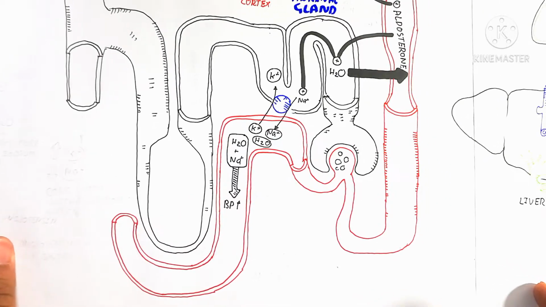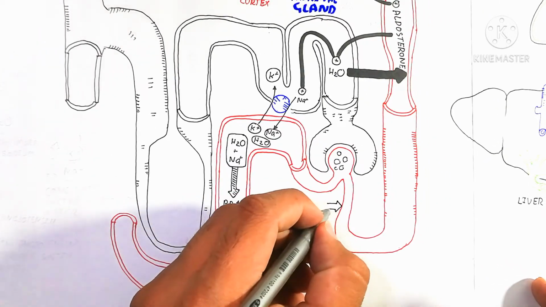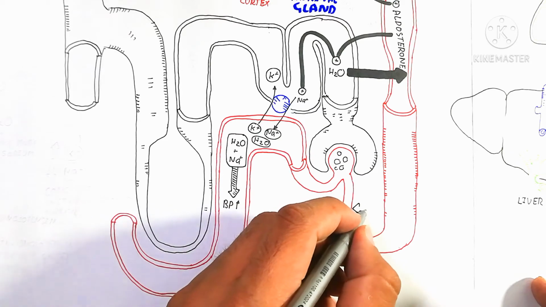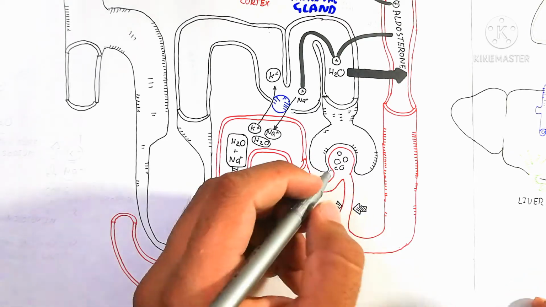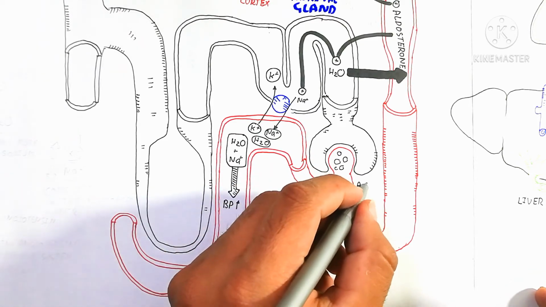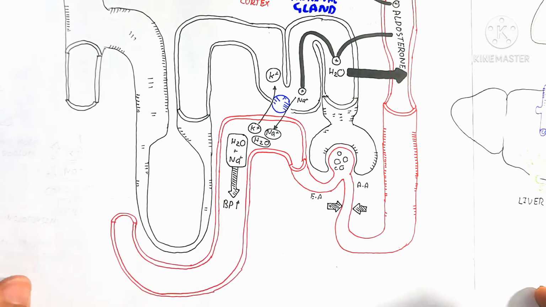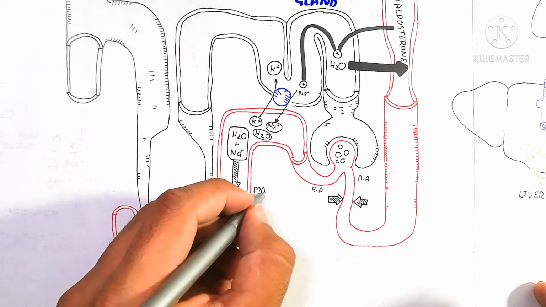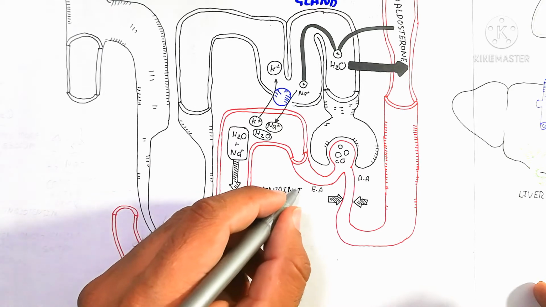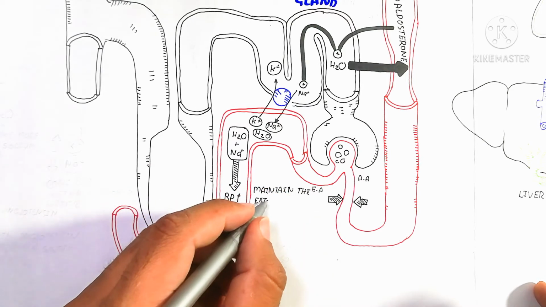So the retention of sodium and water allows more fluid inside of the blood vessel to create more blood pressure, and angiotensin is used for the production of more blood pressure.